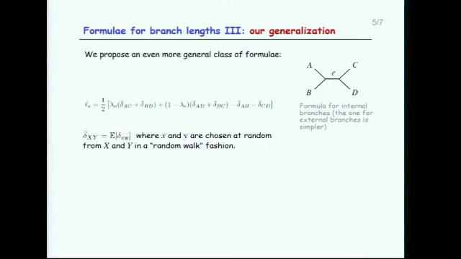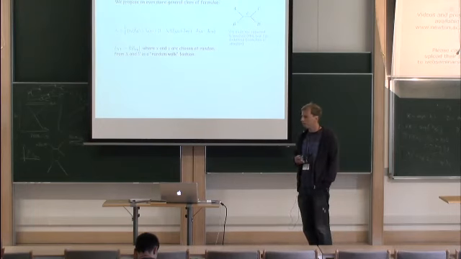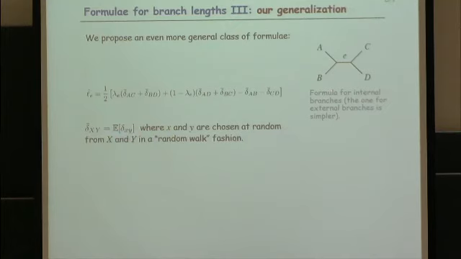These lambdas depend on the branches. Each branch can have a different number. It doesn't matter. You can actually have no relationship between the lambdas at different branches.